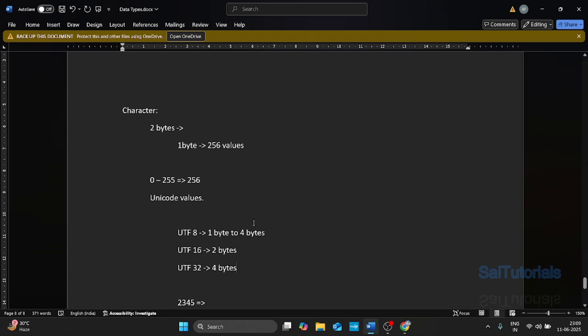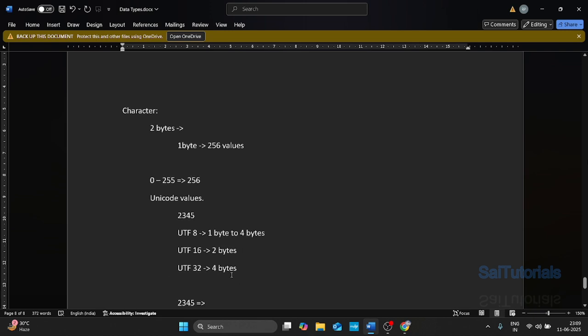Suppose I have a value like 2345. This value will be converted into binary, and UTF-8 will give, suppose, 3 bytes. But UTF-16 encodes the data, and that value will be converted into binary, so I can expect that value in 2 bytes. In UTF-32 it will convert into 4 bytes.